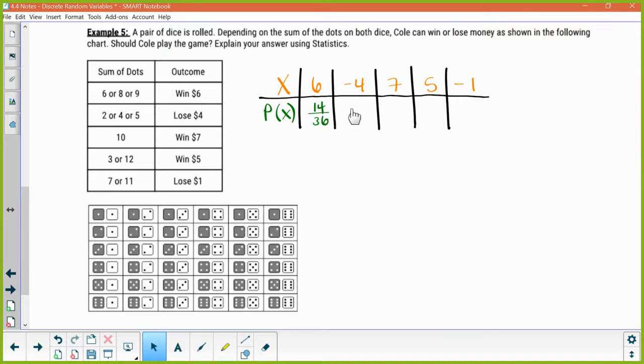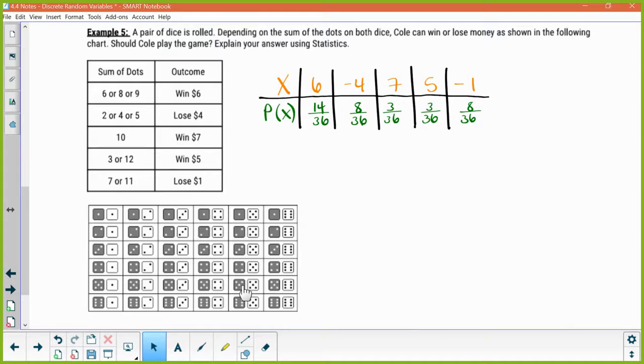Getting a 2, 4, or 5 is 8 out of 36. A 10, 3 out of 36. A 3 or 12 is 3 out of 36, and a 7 or 11 is 8 out of 36. And all I did was go in and look at, okay, well, I want a 7 or 11. I got to go in and find where it adds up to 7, something like that.